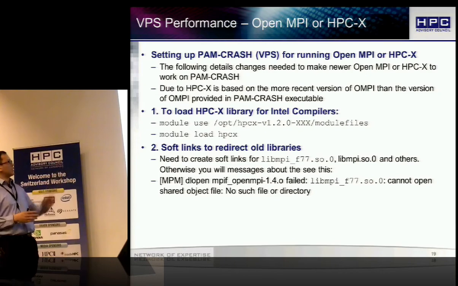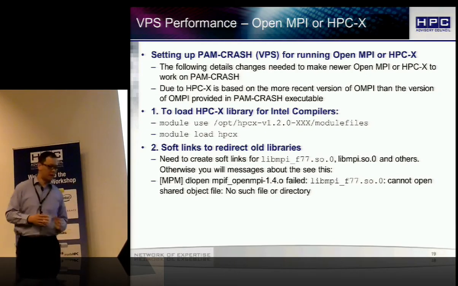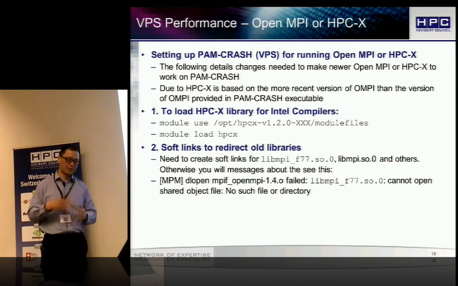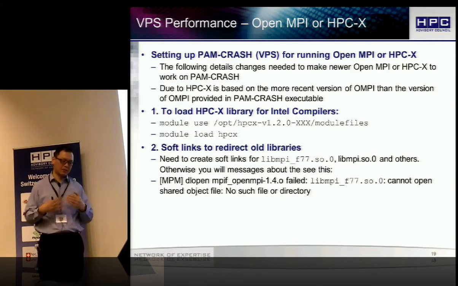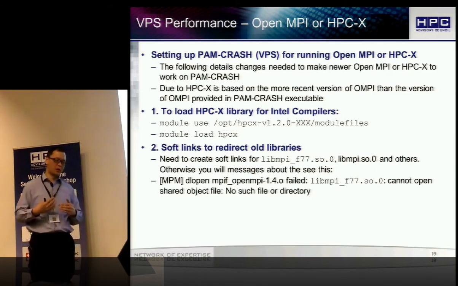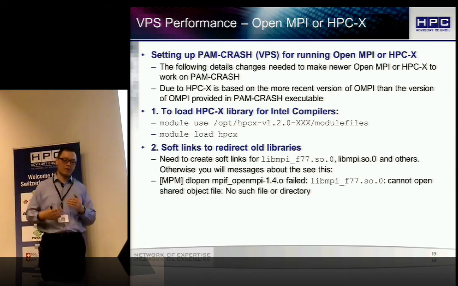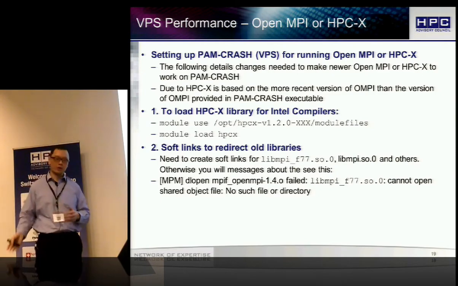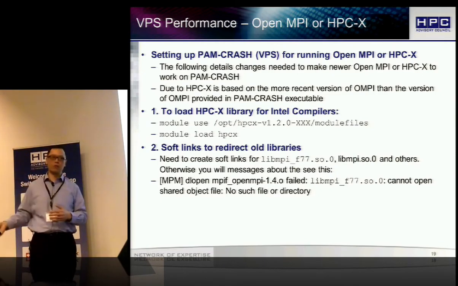So there are little tricks that I did to make it work, and I'm documenting them here. Hopefully it will be interesting if you want to try it out for testing the performance difference. In my case, I did see some performance difference between using OpenMPI versus a more tuned version of OpenMPI called HPCX, and platform MPI.